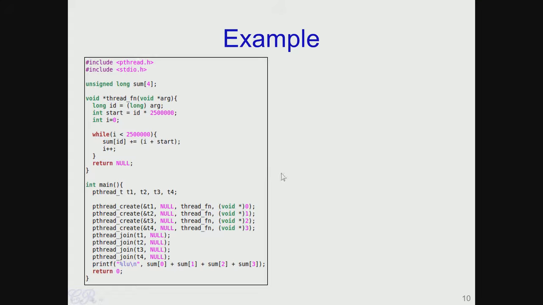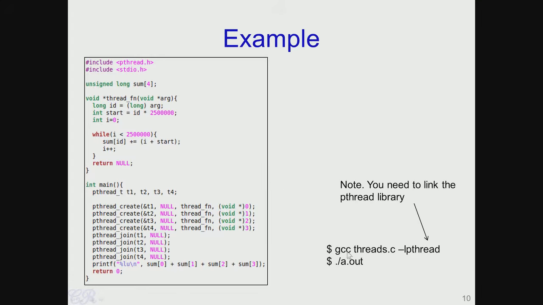Now, in order to execute and run this program, we use something like gcc thread.c, which is the compilation, and we also specify -lpthread, which is the pthread library, which also needs to be linked into this particular executable. So, gcc would result in an a.out executable, which is then going to be executed.